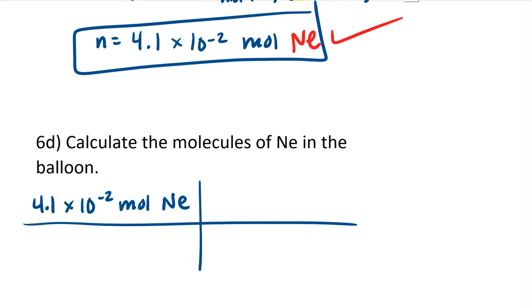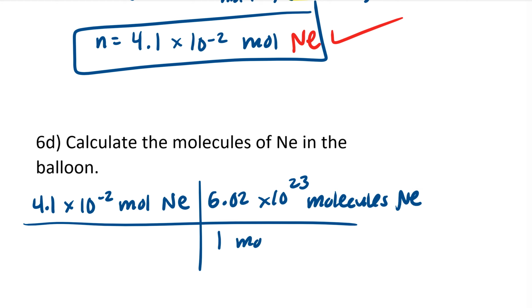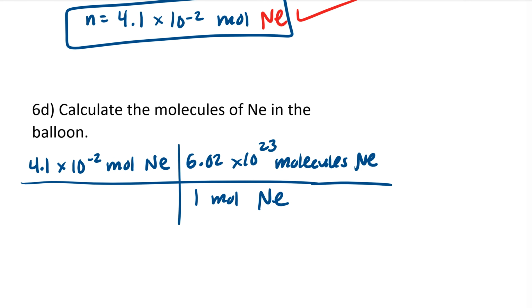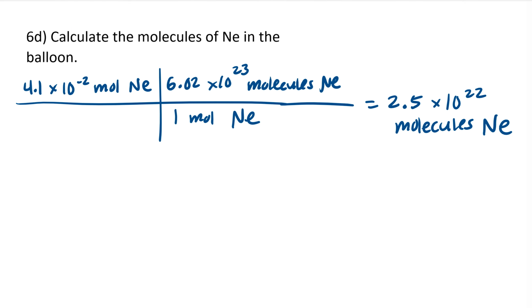I know that 6.02 times 10 to the 23rd molecules of neon is equal to 1 mole of neon. Yay, Avogadro's number. And Mole Day, 10/23. All right, let's multiply. Okay, guys, I get an answer of 2.5 times 10 to the 22nd molecules of neon. Again, just using Avogadro's number to convert from moles into molecules.